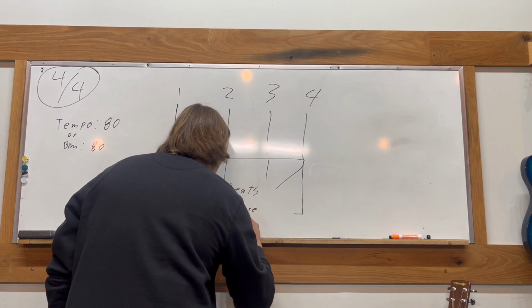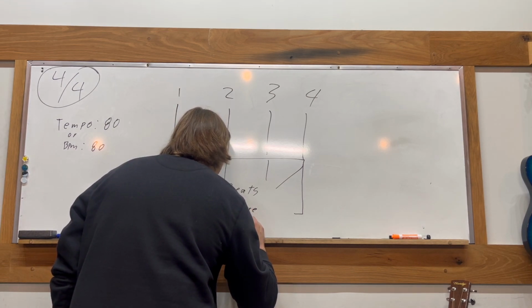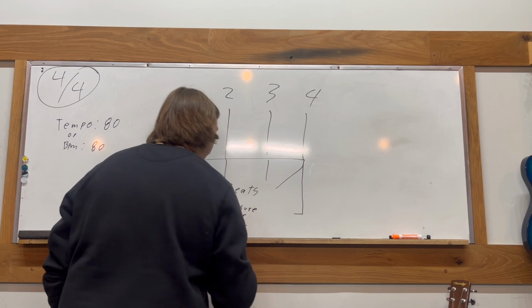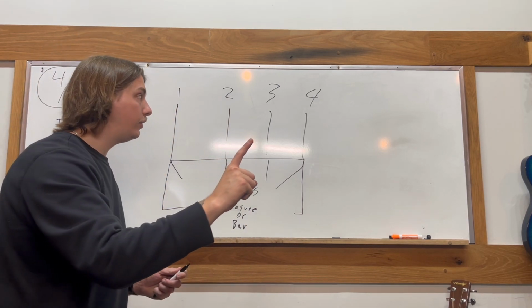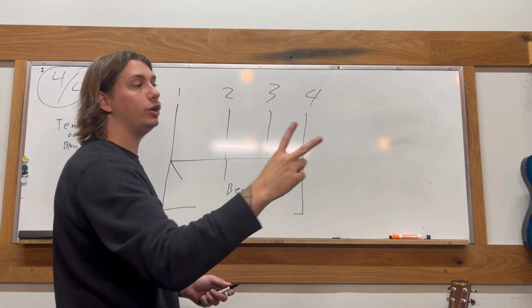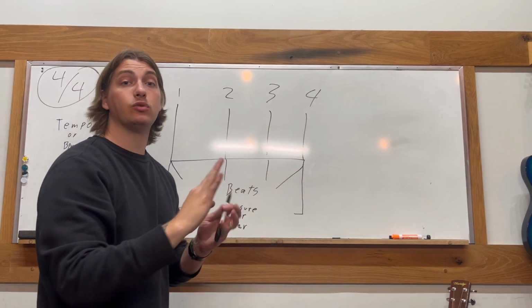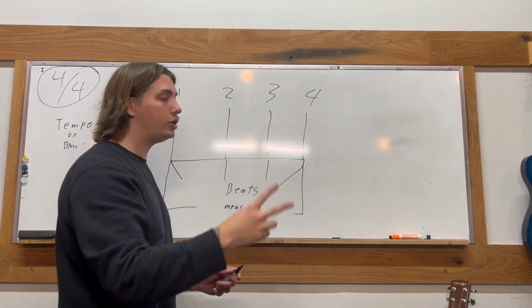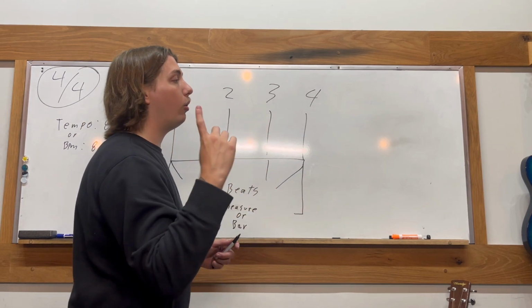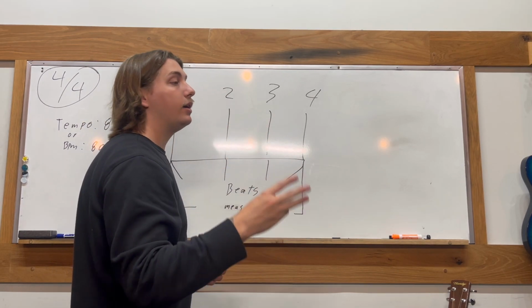We call it a measure, or we call it a bar. So if I said count 1 bar, that means like this: 1, 2, 3, 4. That's 1 bar. If I said count 2 bars, that's like this: 1, 2, 3, 4, 1, 2, 3, 4.